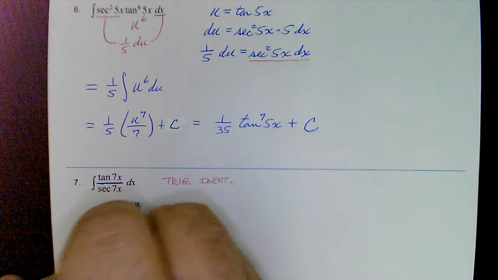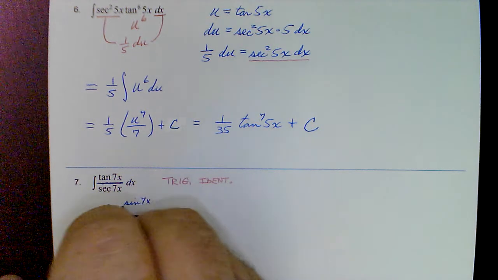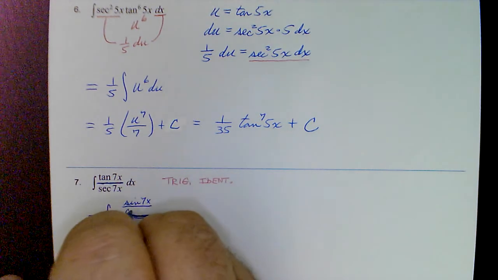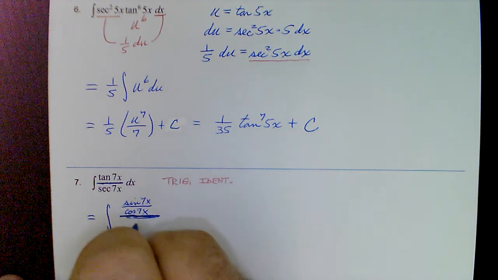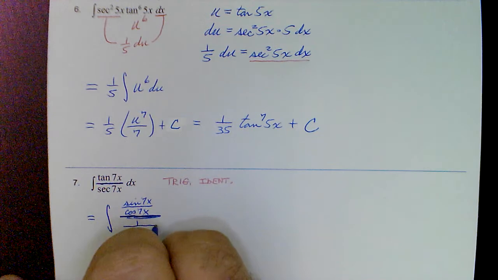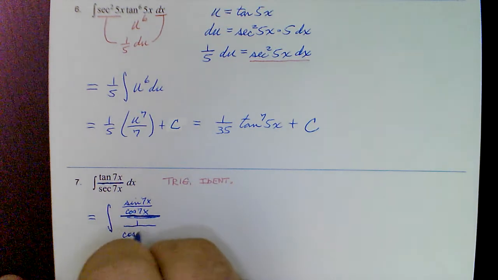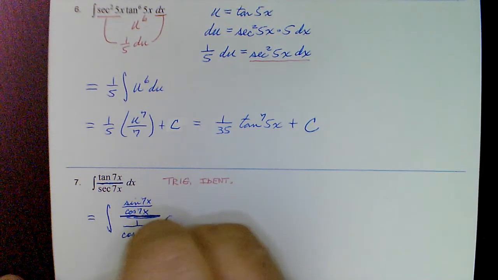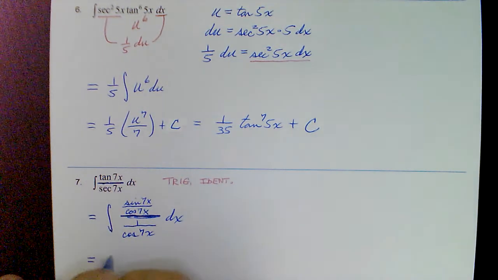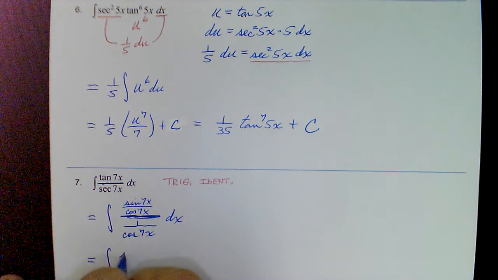Tangent is sine over cosine, so sine 7x over cosine 7x. Secant, recall, is 1 over cosine. Alright, then we'll invert and multiply.